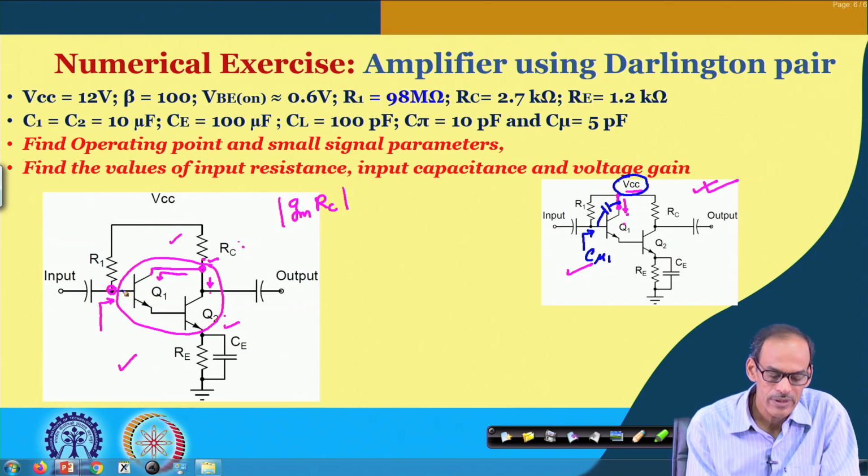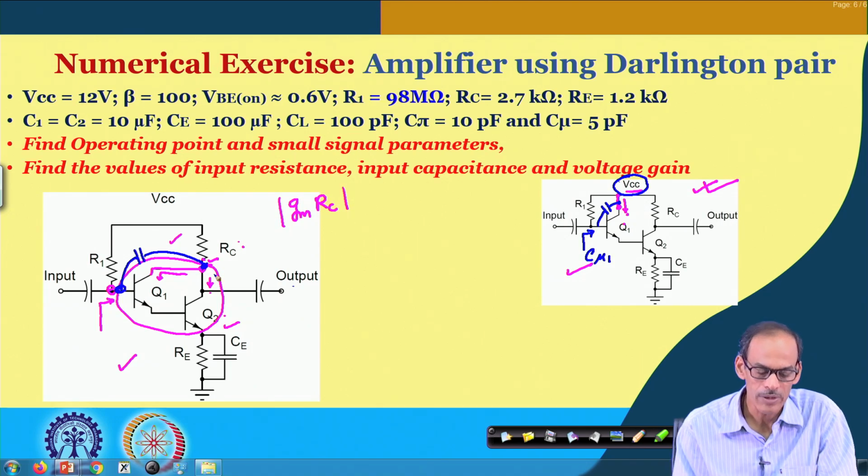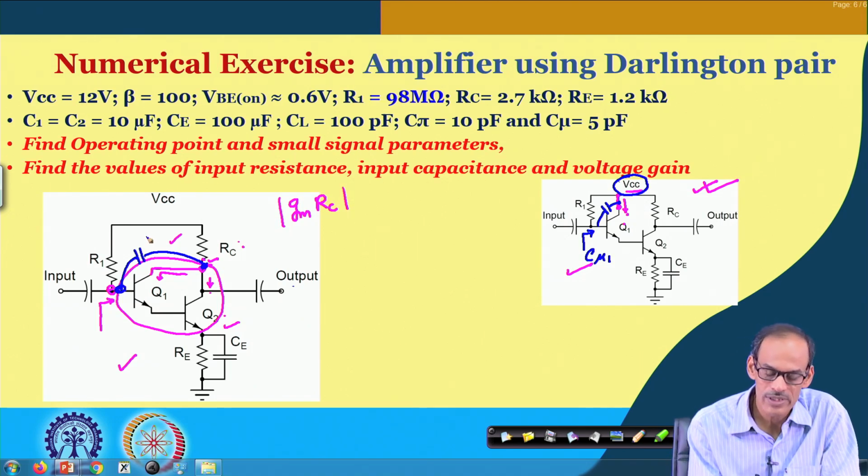Whereas in this case, C mu connects the input terminal to the primary output of the circuit, and we know that from the primary input to this primary output we have very good gain. So, the consequence is that the C mu of this Q1 gets multiplied by Miller's factor, and that produces a big amount of input capacitance. So, Cin is C mu1 multiplied by 1 plus gm into RC.